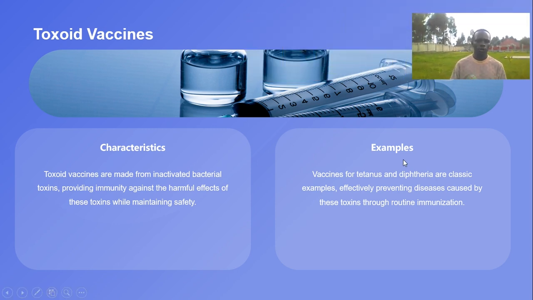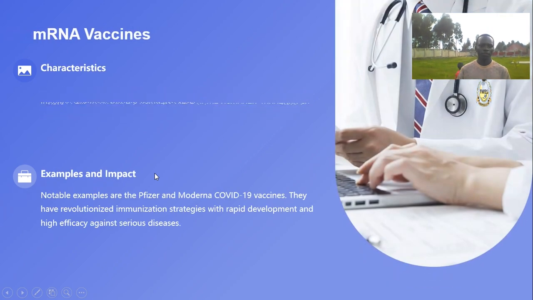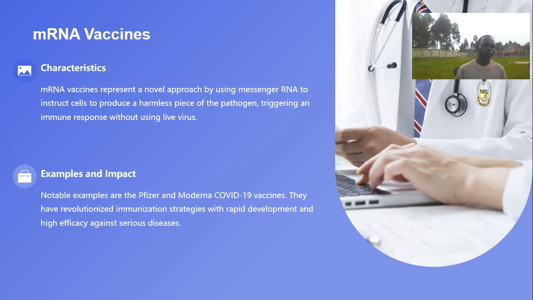Now going to the next, we have the messenger RNA vaccines. Messenger RNA vaccines contain messenger RNA, which, as you know, contains genetic information that instructs the cells of the body to produce a specific antigen, and then the immune system of the body will produce antibodies against that antigen.